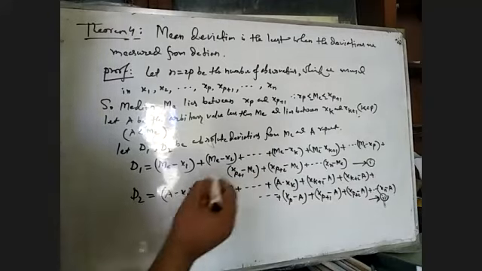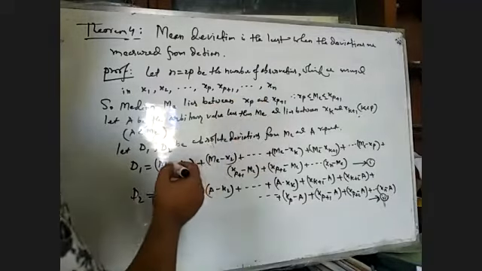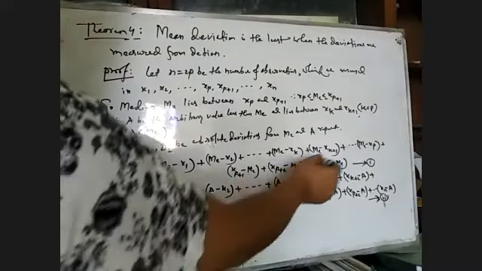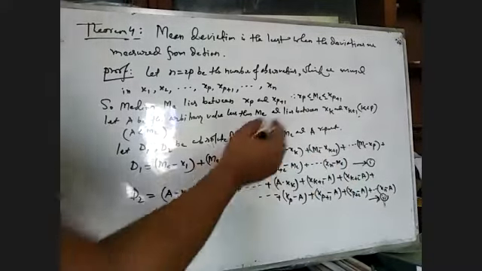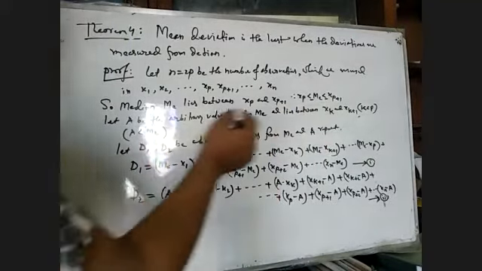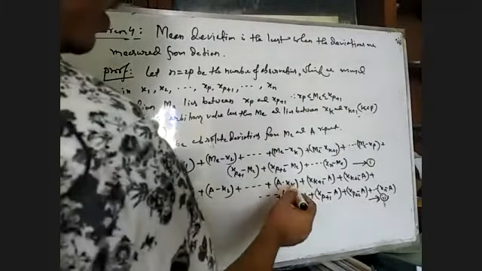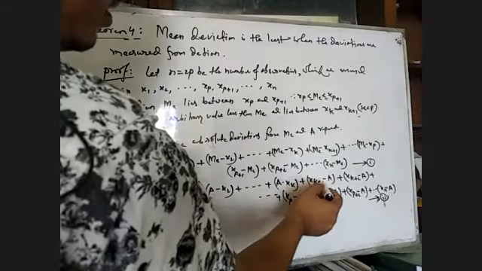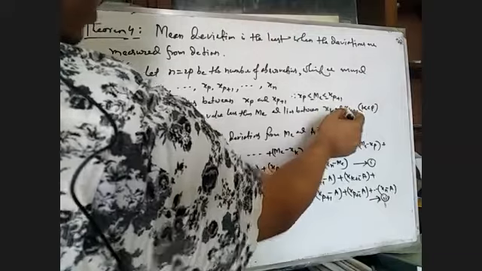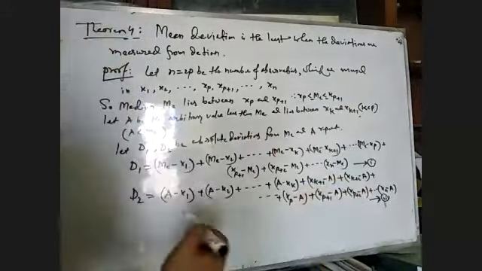Again, the arbitrary value lies between what? xk and xk plus 1. So a minus x1, then a minus xk, but xk plus 1 minus a, because xk plus 1 is what? Greater than a. This is why. Remember it.